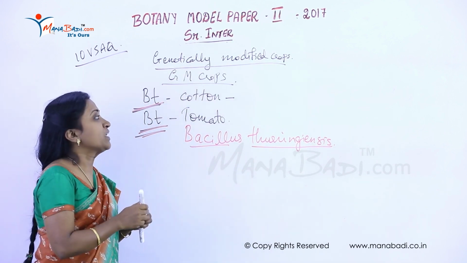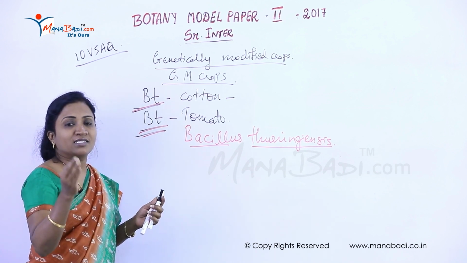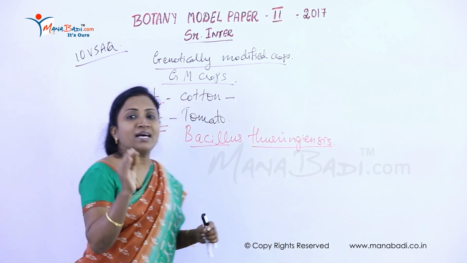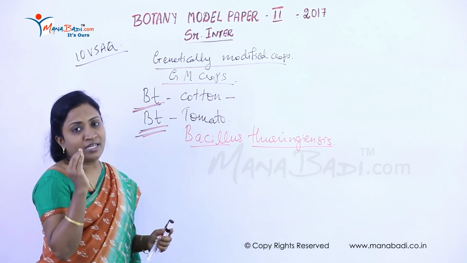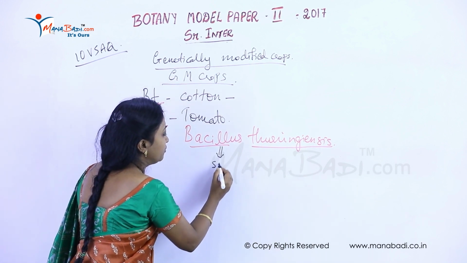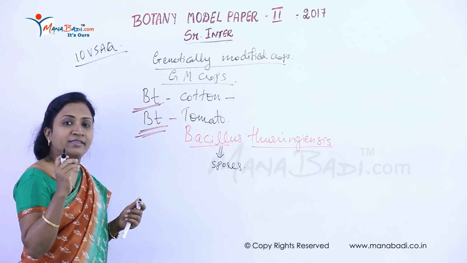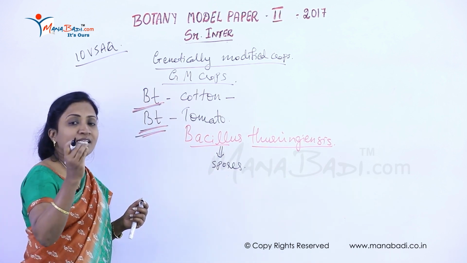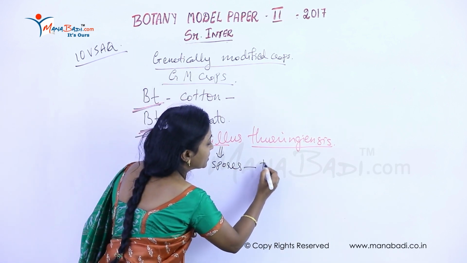This bacterium named Bacillus thuringiensis has the capability, or the spores which are produced by this bacterium produce toxins.